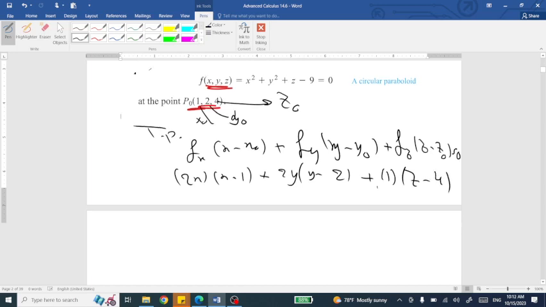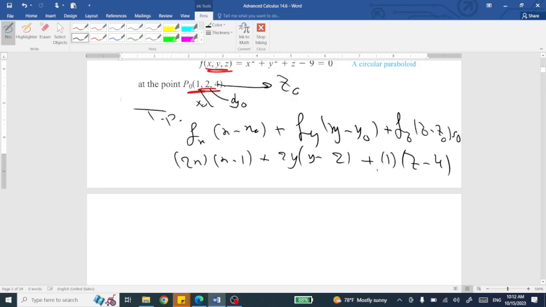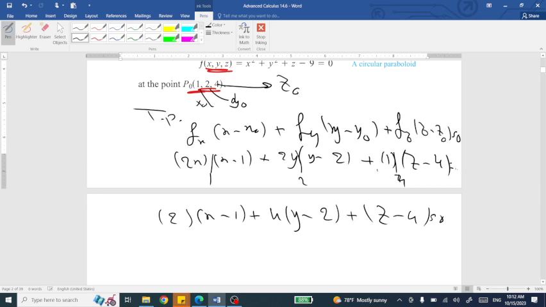Clear? At the point, x is 1, y is 2, z is 4, so I get 2 multiplied by (x minus 1), plus 4 times (y minus 2), plus (z minus 4), equal to 0.